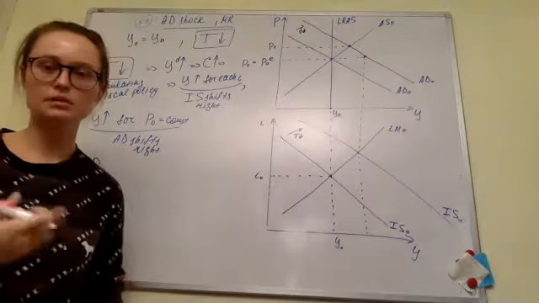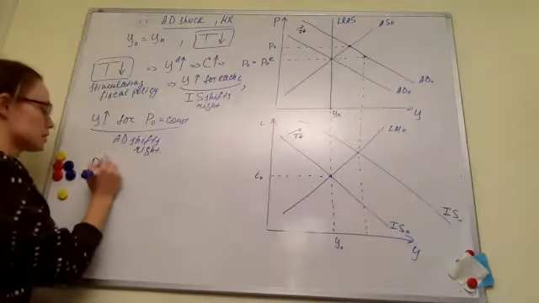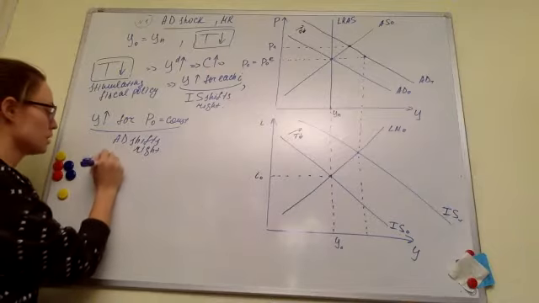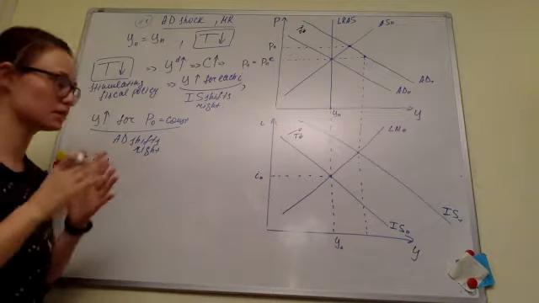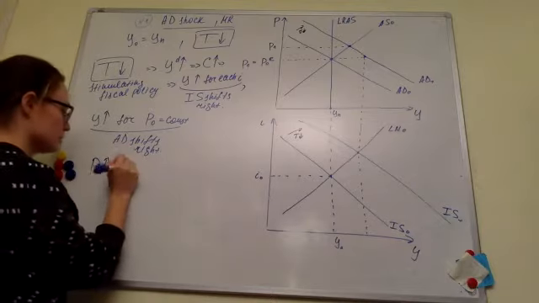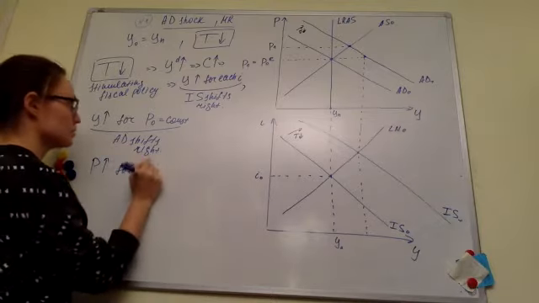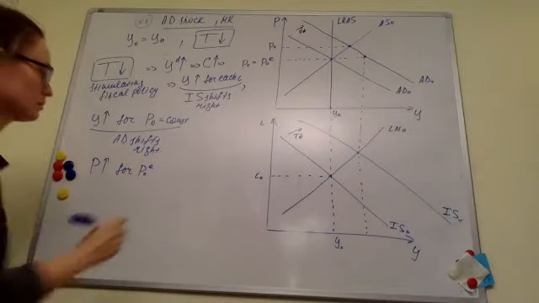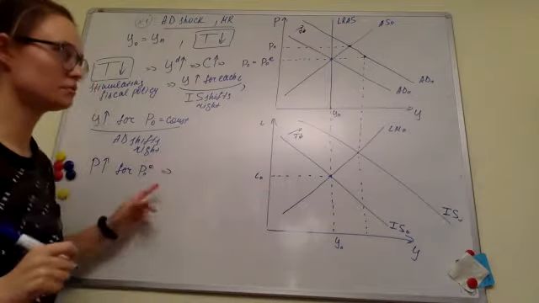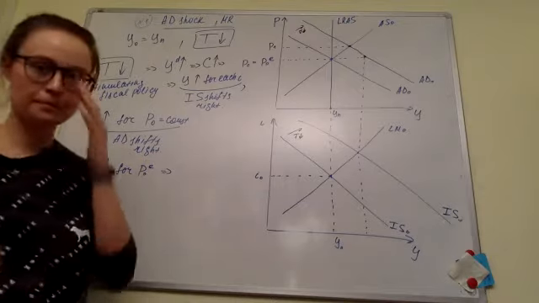We begin to discuss the medium run. Prices are not constant. They go up, and expectations stay the same. What does that mean? LM shifts where and why?